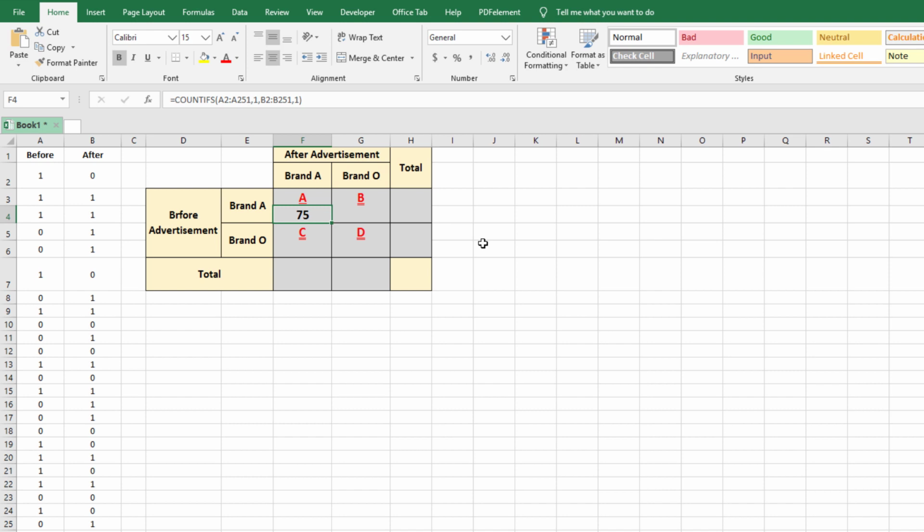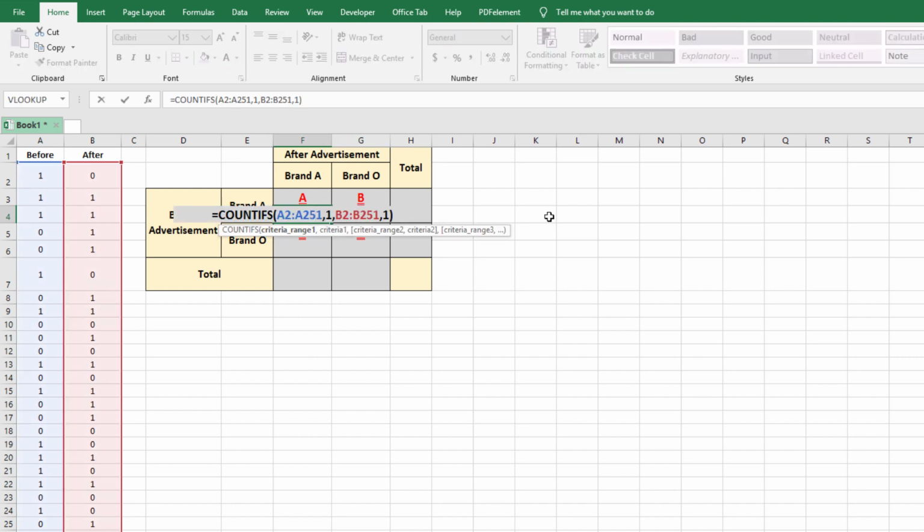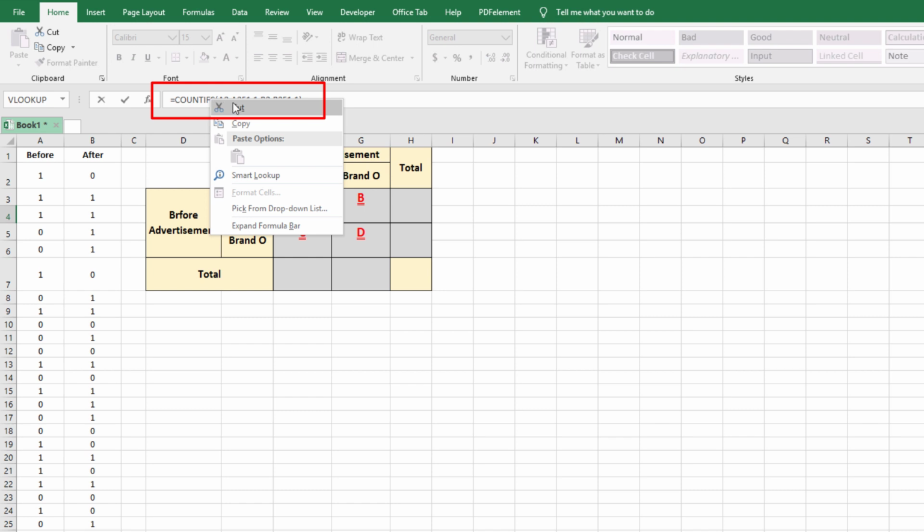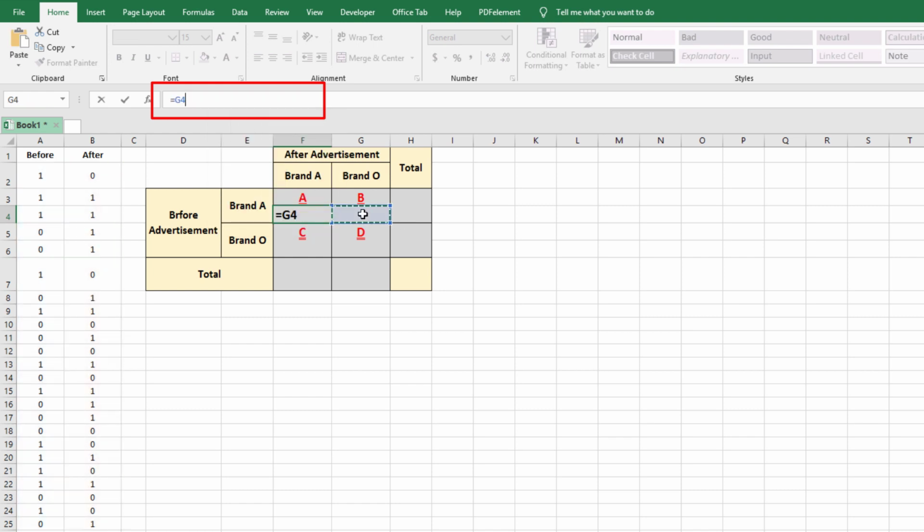Now we need to count before A but after other. It is very easy. Click here and you can see the equation at the top. Copy that equation and paste it here.